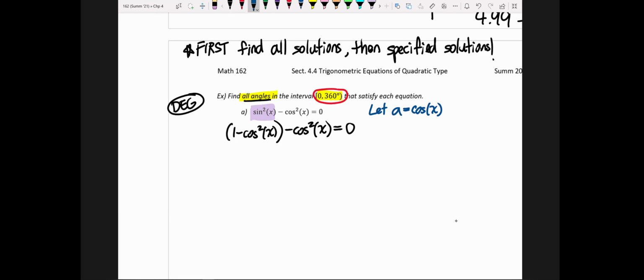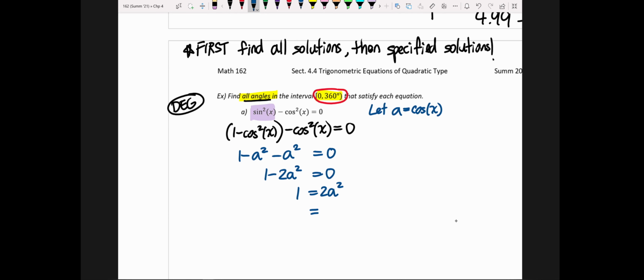So now the equation will read 1 minus a squared is equal to 0. In order to isolate our trig function, we need to solve for apple. So we have 1 minus 2 apple squared is equal to 0. So that means 1 is equal to 2 apple squared.